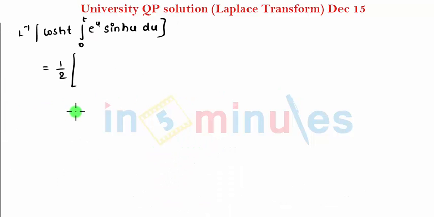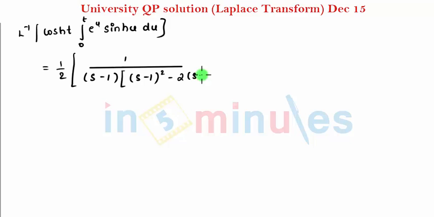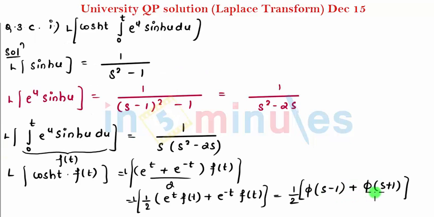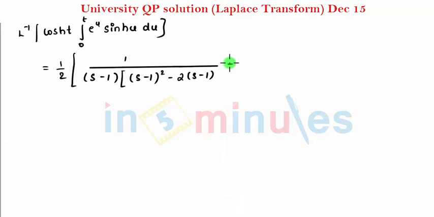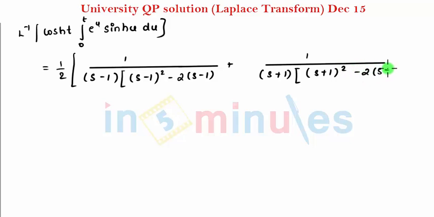So I get 1 upon s minus 1 whole square minus 2 into s minus 1. The next term is, there is plus s plus 1, so plus 1 divided by s plus 1, so I get s plus 1 the whole square minus 2 into s plus 1.